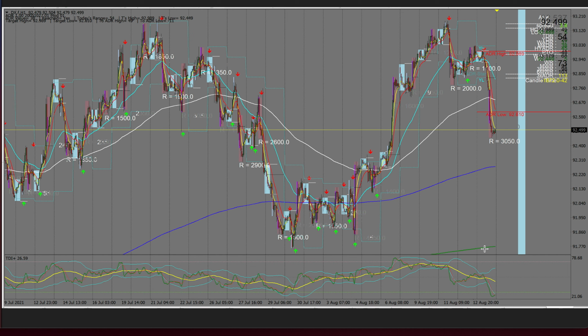So those are key trap areas, off the daily, weekly, and monthly, even the 4 hour. What else? Quarter points, the 50 figures, 0 figures, 000 figures.